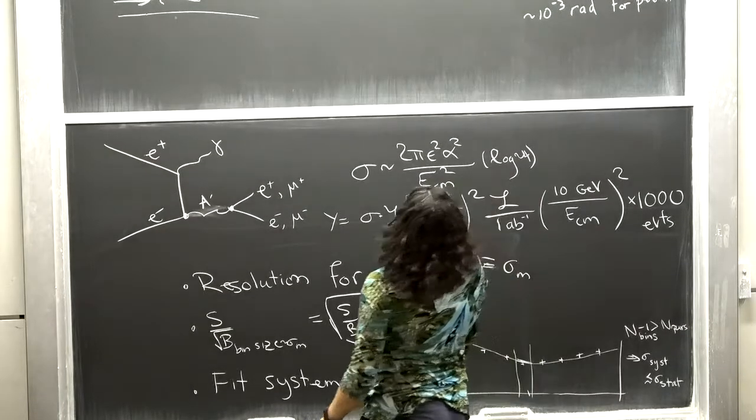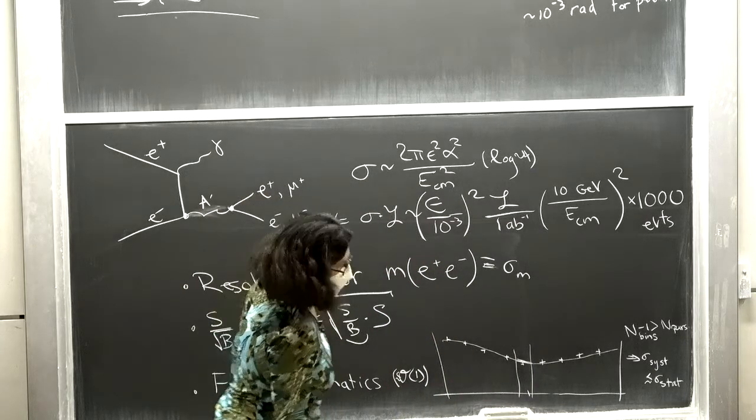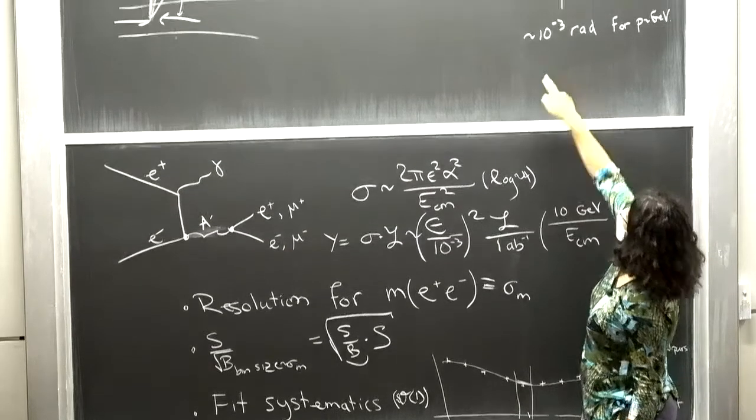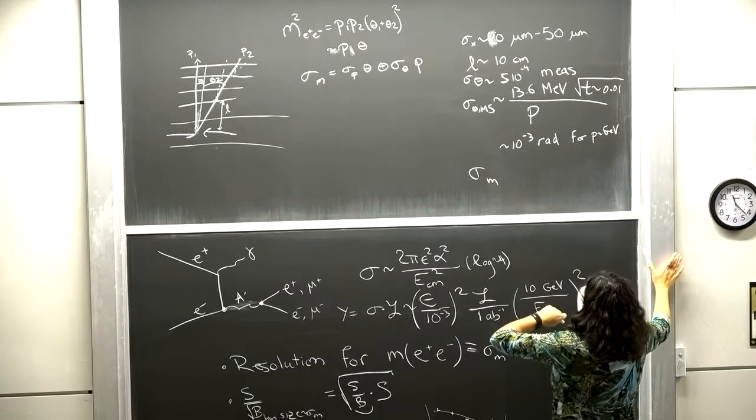And now I realize I've planned my boards wrong. So I'll move over here. So if I just work that out, actually, this is very convenient to translate this multiple scattering piece into a mass resolution, because the p's cancel.